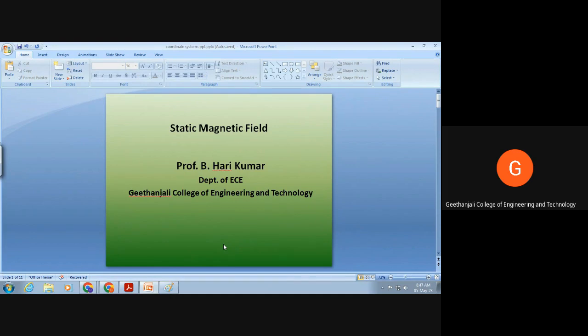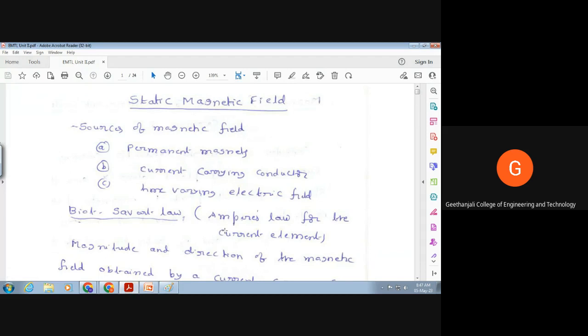In today's class, we are going to discuss the static magnetic field. There are three sources of magnetic field. One is permanent magnets, second one is current carrying conductor, and the third one is time varying electric field.